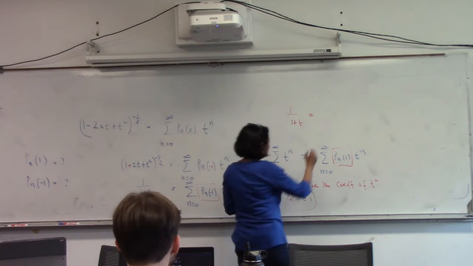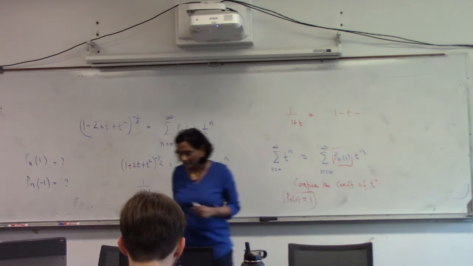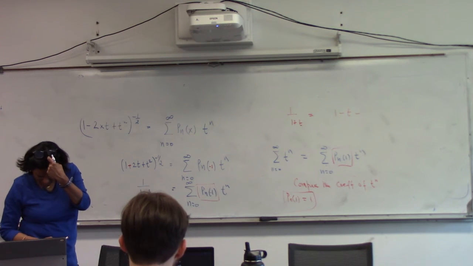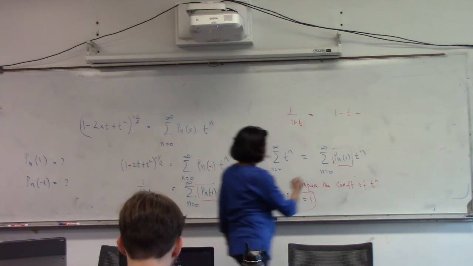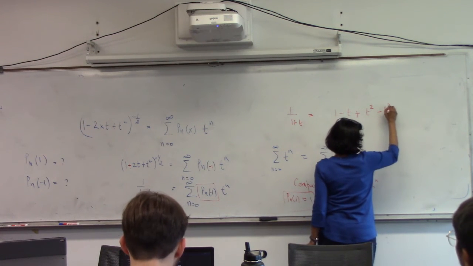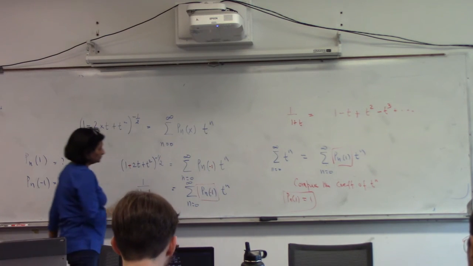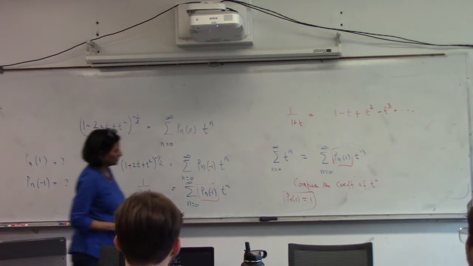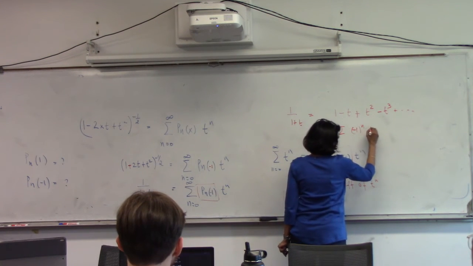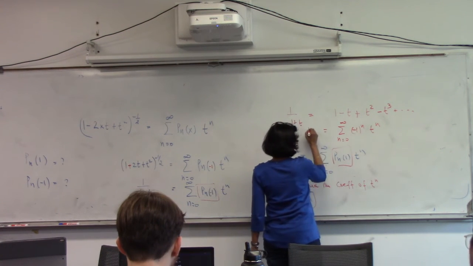This function, when you write it in series, is an alternating series: 1 minus t plus t squared, minus t cubed, and so on and so forth. You can do the binomial expansion and look at it. So I can write this as the summation of minus 1 to the power n, t to the power n, going from 0 to infinity.